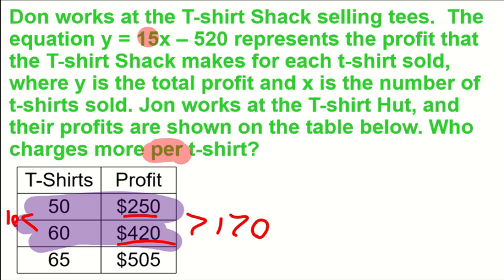When you do that division, you get 17, which obviously is higher than 15. Sometimes it'll ask you which one's higher and by how much. So there's a little extra to it where you have to do a little subtraction too.